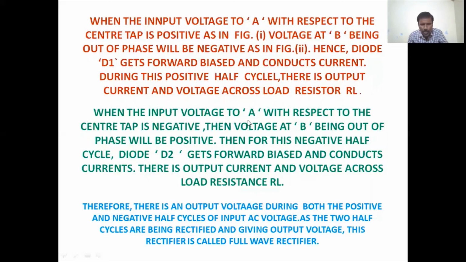When the input voltage at A with respect to the center tap is negative, then the voltage at B, being out of phase, will be positive. Then for this negative half cycle, diode D2 gets forward biased and conducts current.